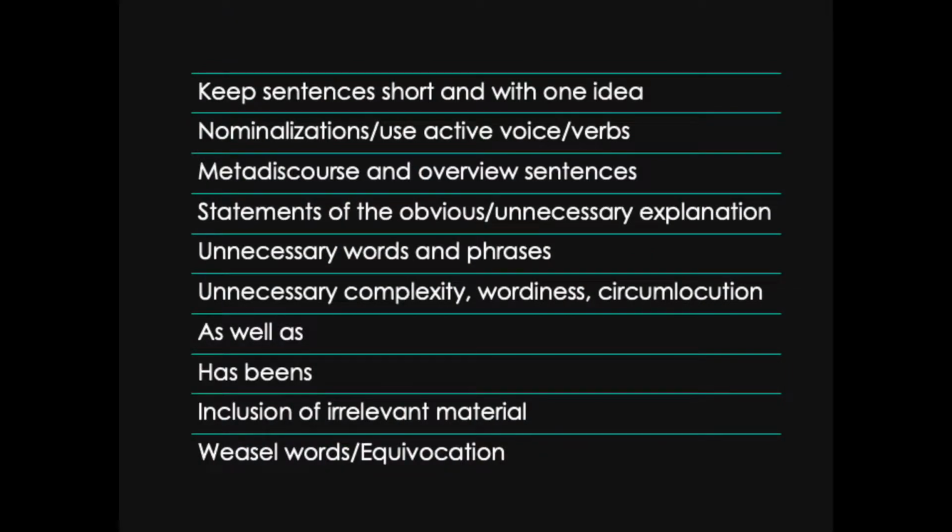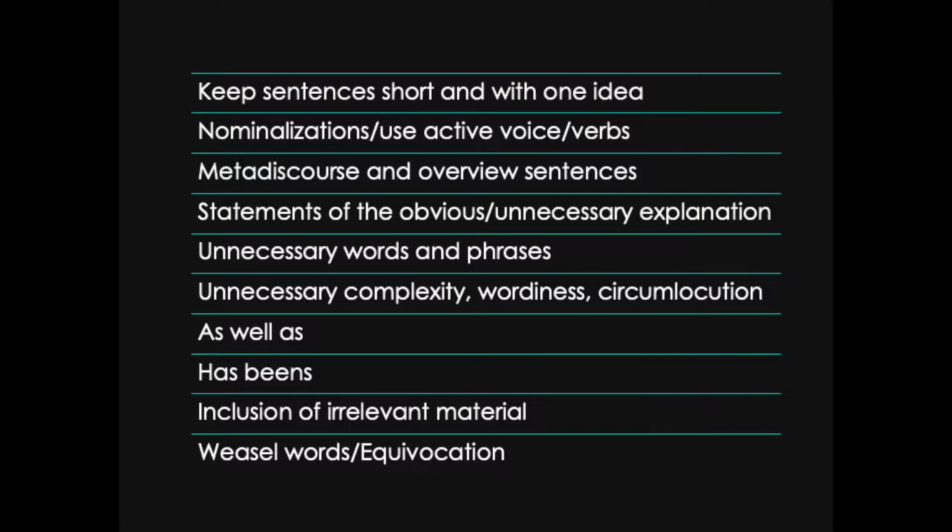The first thing we'll focus on is how to keep sentences short and with one idea per sentence. We'll look at nominalizations and how to use active voice and active verbs instead of nominalizations. We'll look at meta-discourse and overview sentences, statements of the obvious or unnecessary explanation, unnecessary words and phrases, unnecessary complexity, wordiness, and circumlocution.